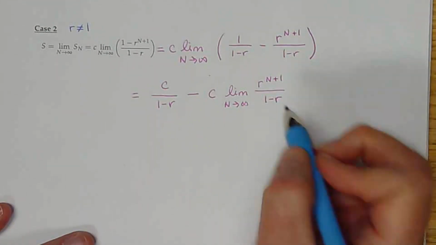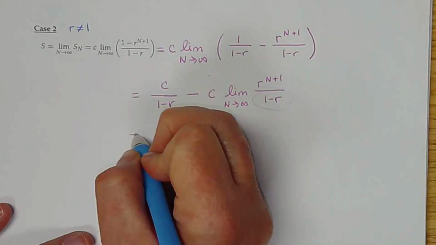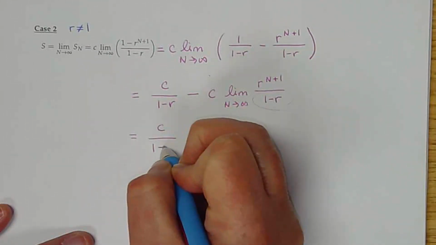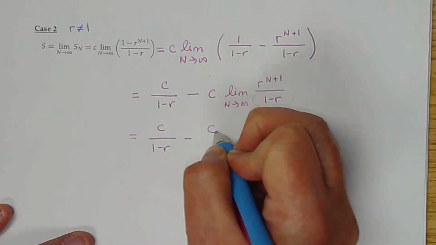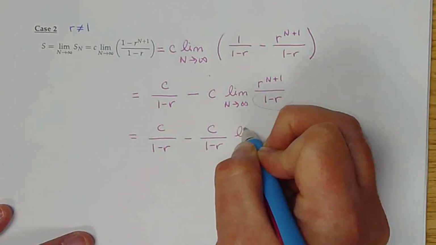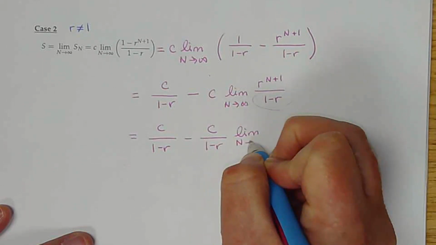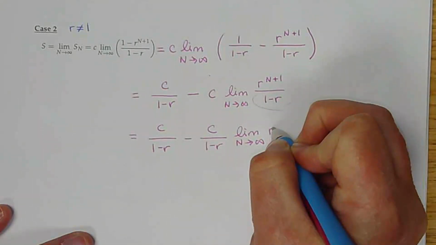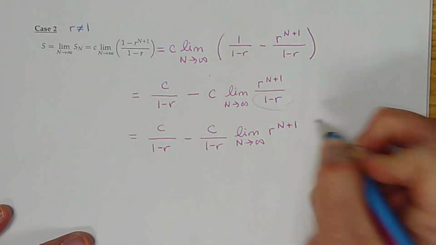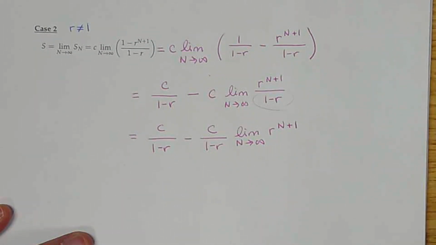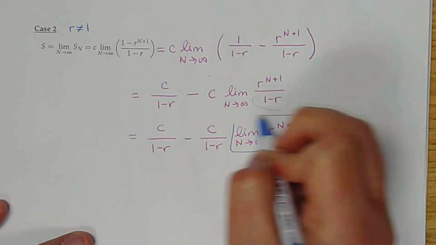And I'll pull this constant out in front, so I get c over 1 minus r minus c over 1 minus r times the limit as capital N goes to infinity of r to the capital N plus 1. So I've managed to isolate my limit here.